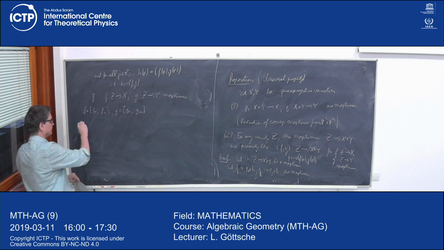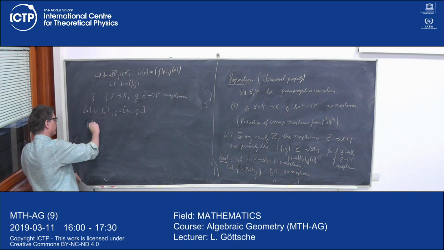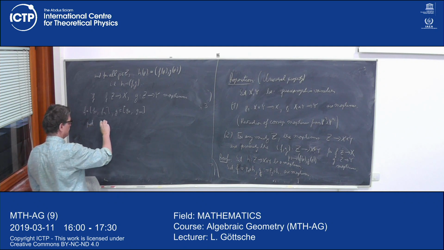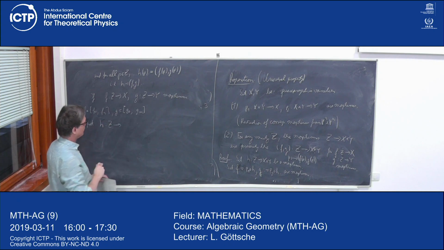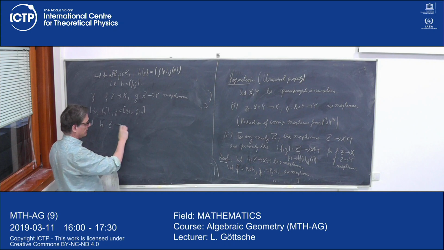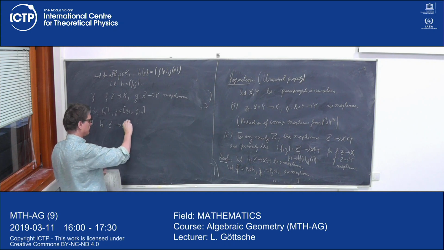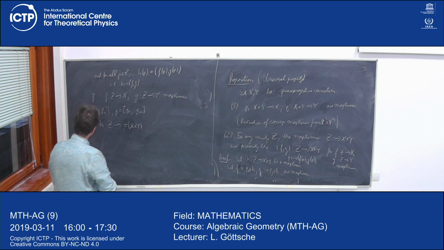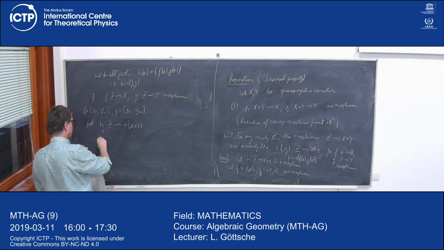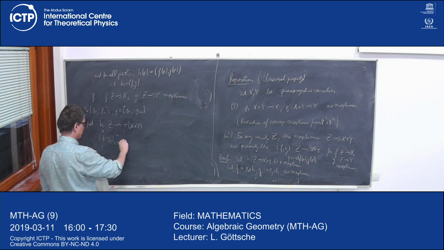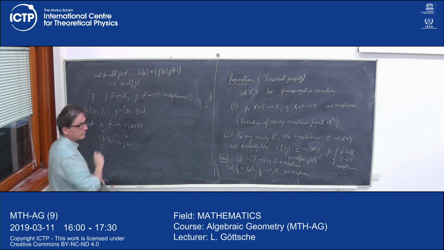So we put H to be the map from Z to P^N, but then I claim it goes to the image of sigma of x times y, which is just given by F_i times G_j, i from 0 to n, j from 0 to m.